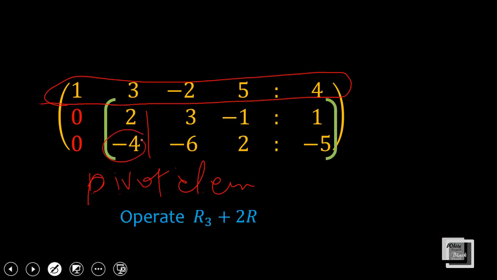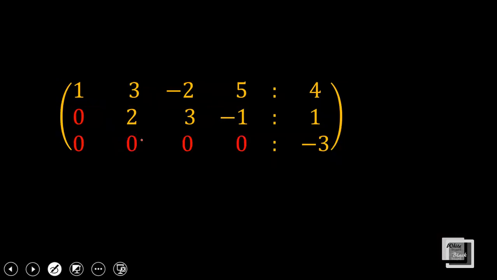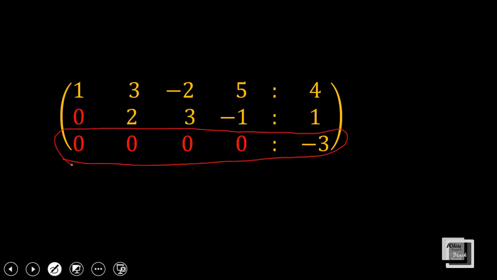So operate R3 plus 2R2 and we will get 0, 0, 0, 0. The last row, or the last linear equation, is a degenerate linear equation. That means it doesn't have any solution. So in this case we will say that this system of linear equations has no solution.